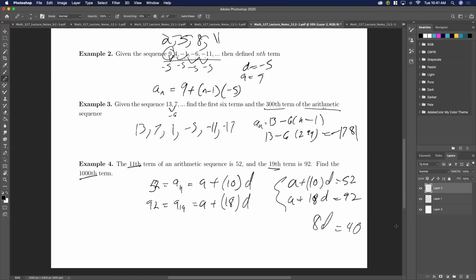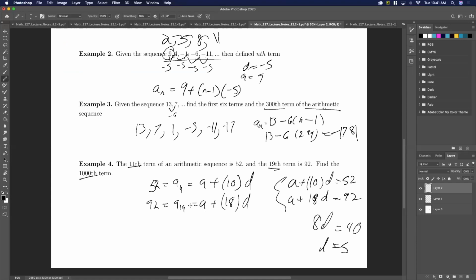So I know 8d is 40. And once I know 8d is 40, I can say d is just 5, right? Because the a's cancel each other, and 10 of these d's cancel 10 of those 18 d's.